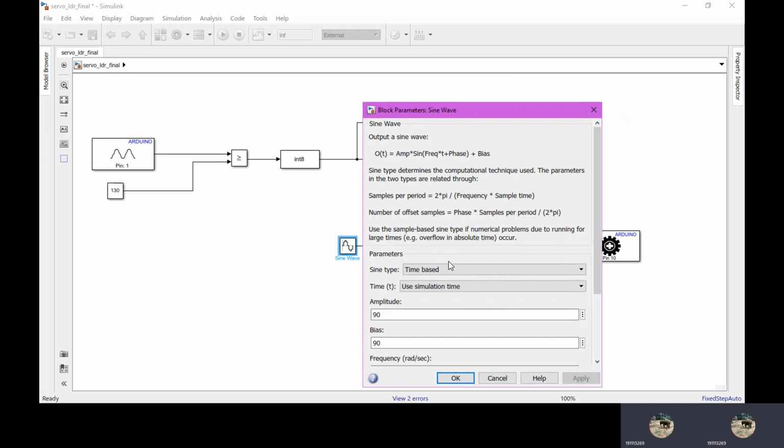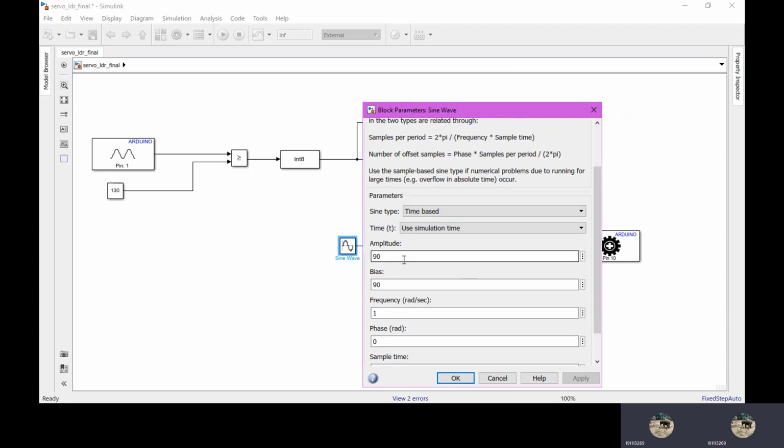Yes, so this is a time-based sine type signal, and it uses a simulation time to generate signal, and the amplitude is 90, so it rotates the servo motor from -90° to +90°, and bias is 90. So it can be 0 or 90 or 180 or whatever you wish, because it denotes the initial position from which servo starts.